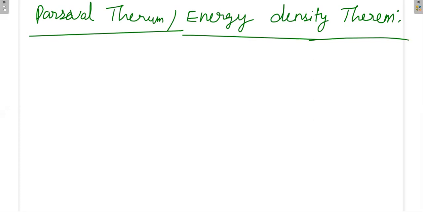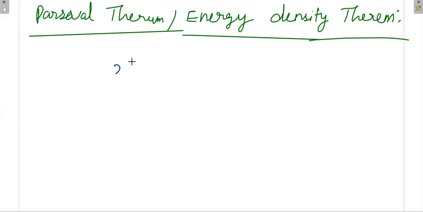That means, if the given signal is an energy signal, the energy present in the time domain is the same as the energy present in the frequency domain. We are just representing it in a different domain, that's it.